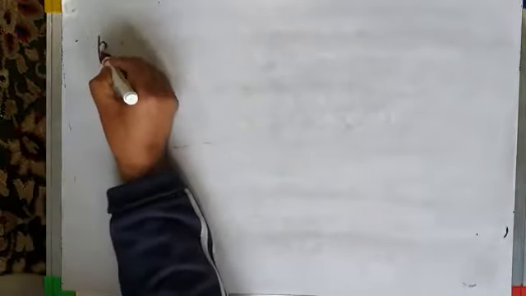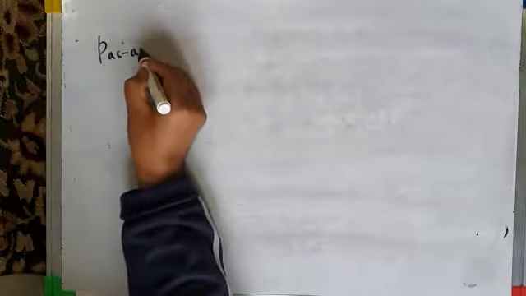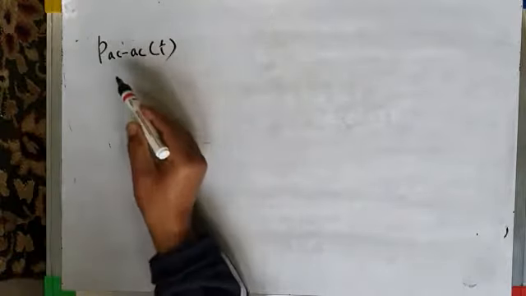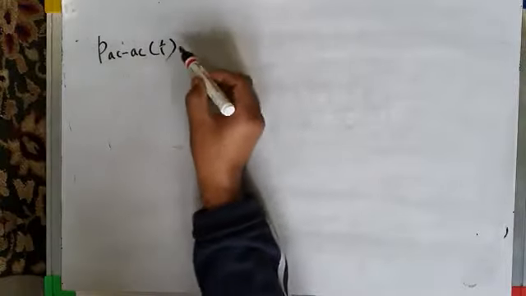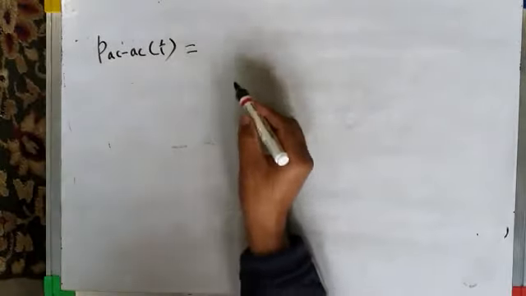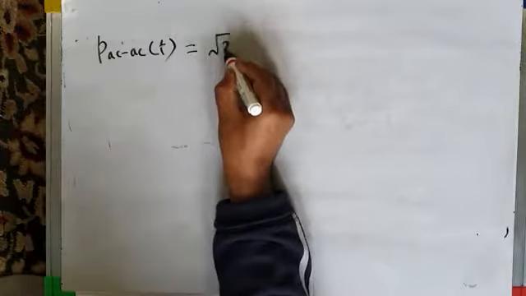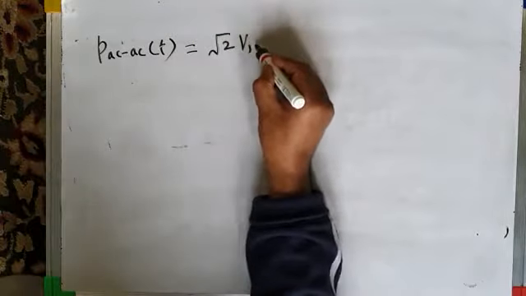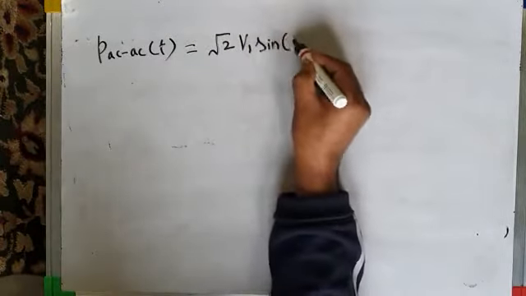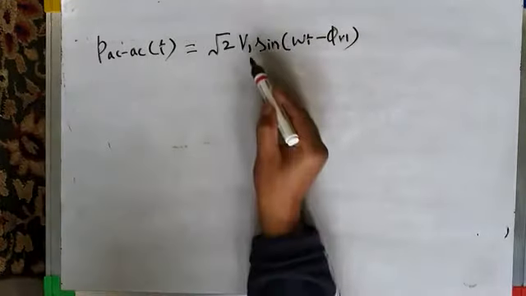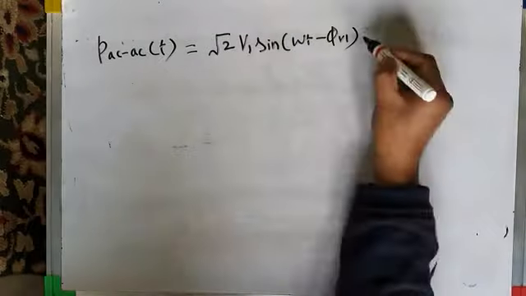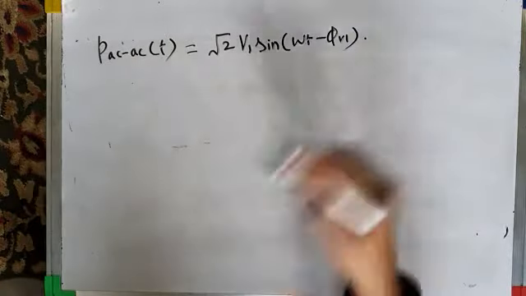You please note down. It can be written as P_AC-AC. This instantaneous component of power is because of the interaction of AC voltage and AC current. Say, for example, let us take the fundamental component of voltage, root 2 V1 sine of (omega t minus phi_V1), when you put n equal to 1. And let us put h also equal to 1.